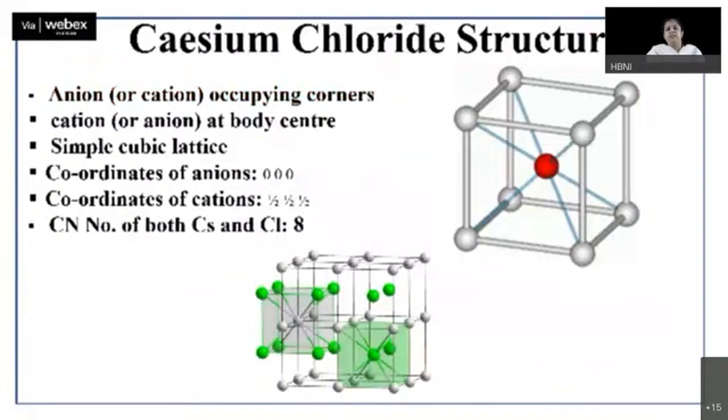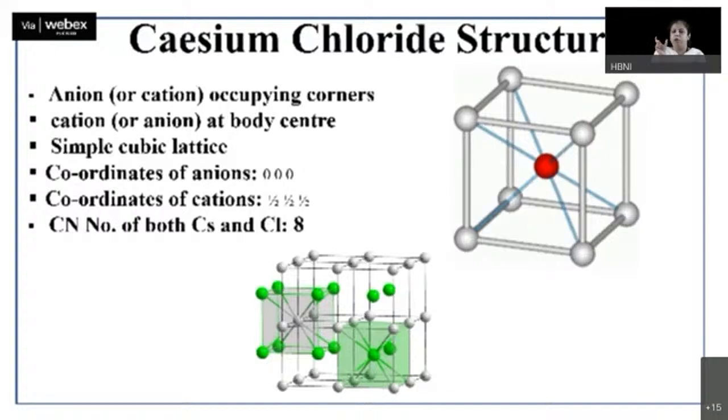Okay, now cesium chloride structure, probably the simplest structure of all, and still people make fundamental basic mistake. First, talking about the structure, let's say if I'm talking of cesium chloride, anion occupies corner. That means only one lattice point per unit cell because each corner is contributing one by eight. And the other ion is occupying the center of the unit cell and that is also contributing one.